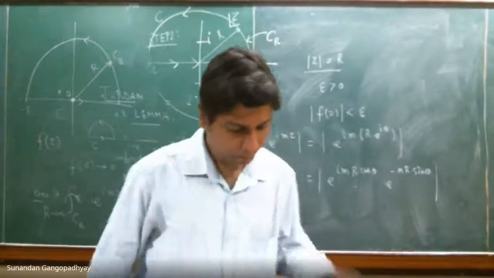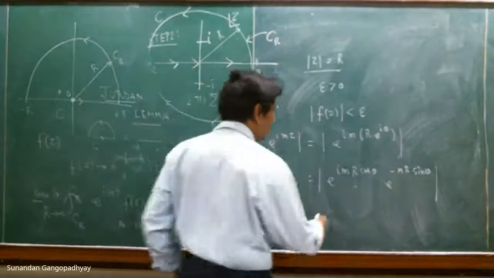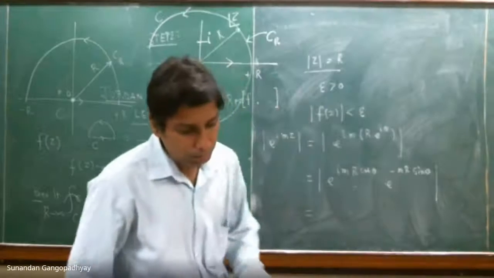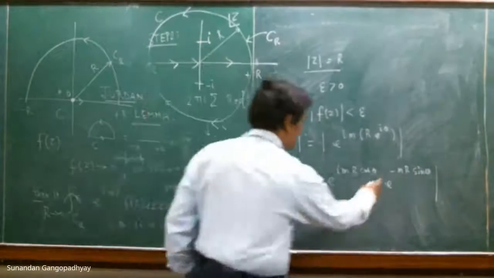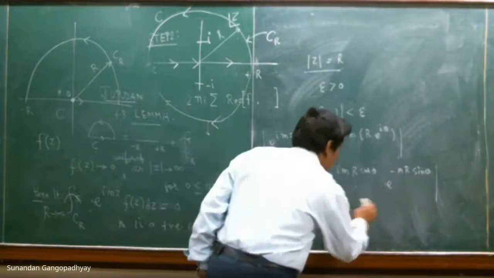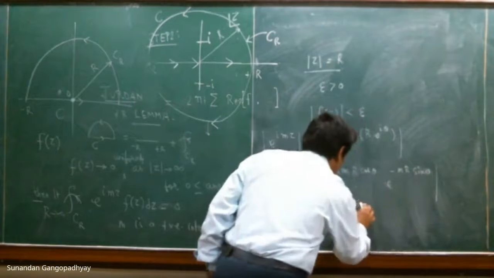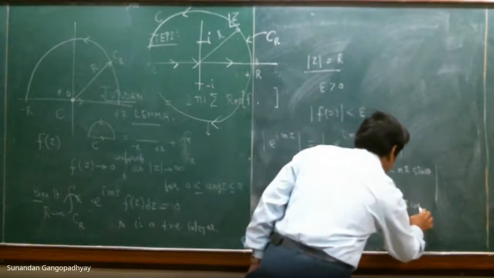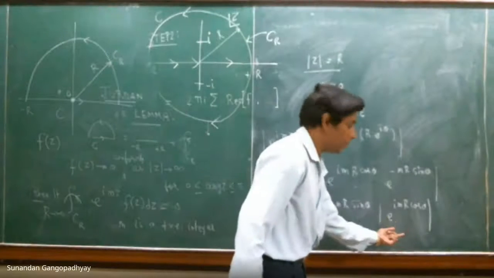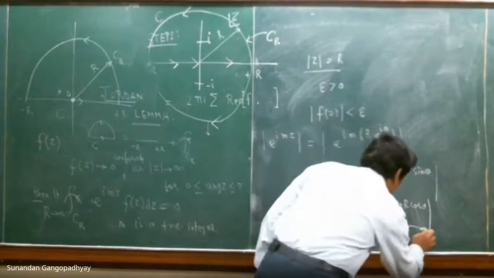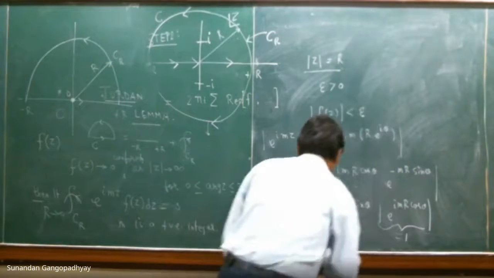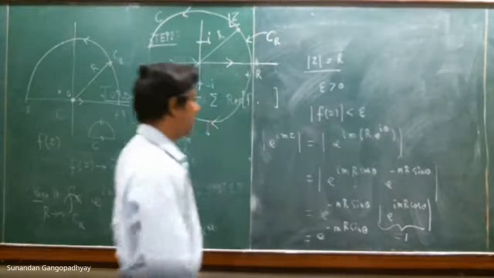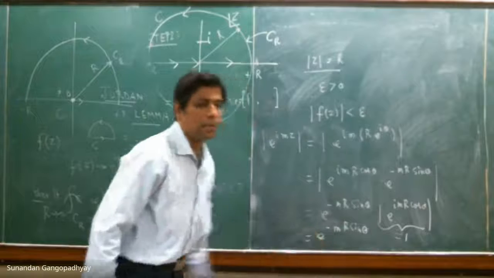Since R is positive, I can take the real factor out. The modulus of e to the power of i m R cos theta is 1, because it is a complex number of unit modulus. Therefore, the modulus is e to the power of minus m R sine theta.